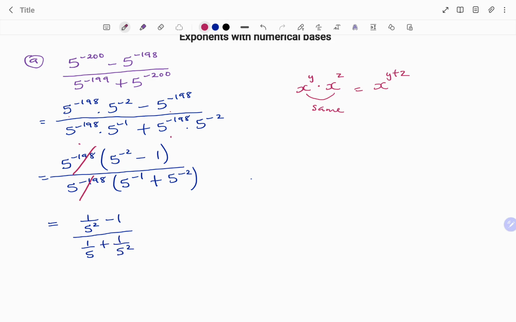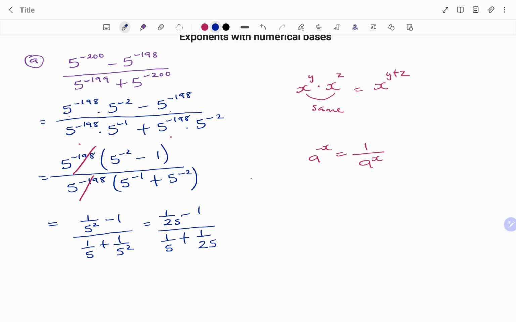I got that from the law of negative exponents, which states that if I have a to the power of minus x, to make it a positive exponent, I change it to 1 over a to the power of positive x. Going ahead, I have 1 over 5 squared, 5 squared is 25, so 1 over 25 minus 1, over 1 over 5 plus 1 over 25.